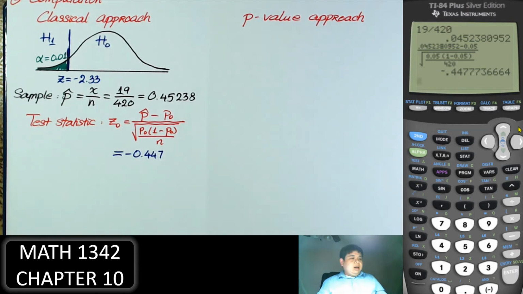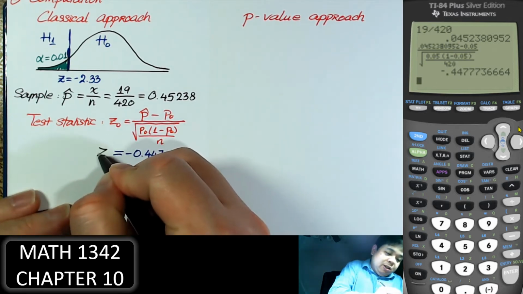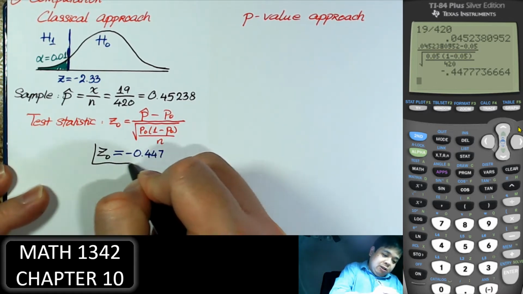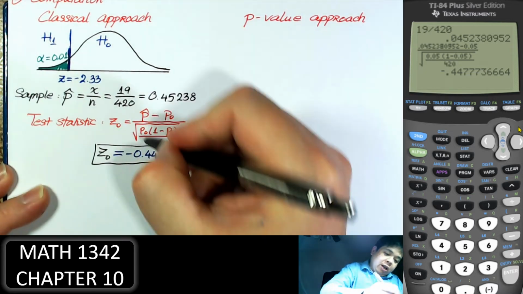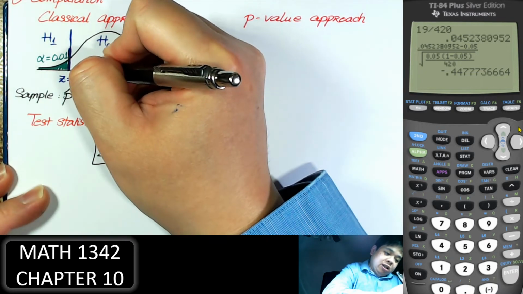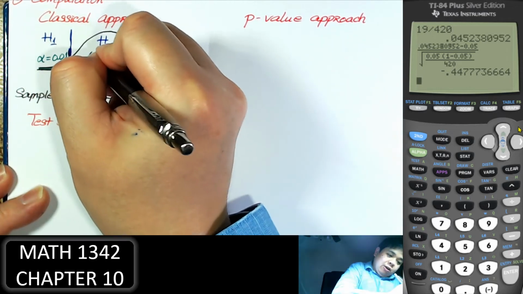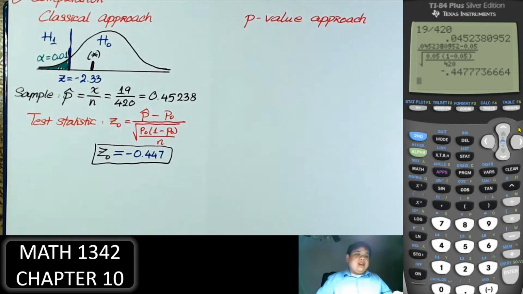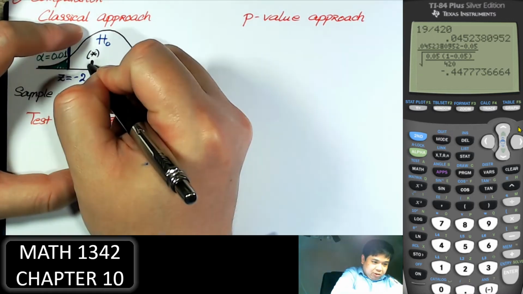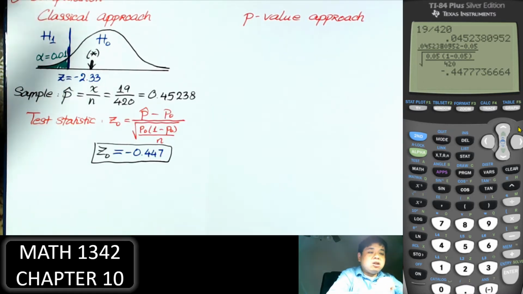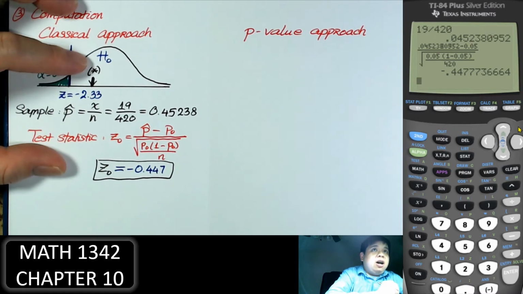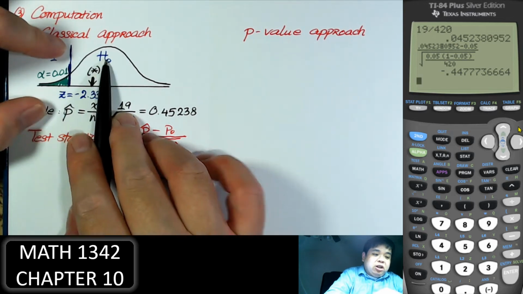Now this number is on the right side here, right? We get the test statistic in the H naught region, so we do not reject.